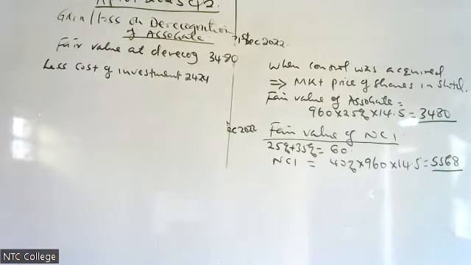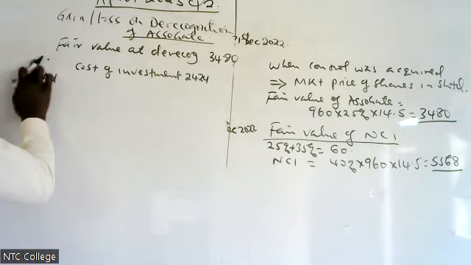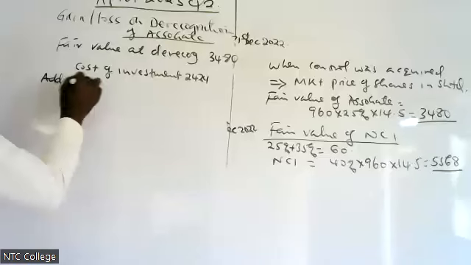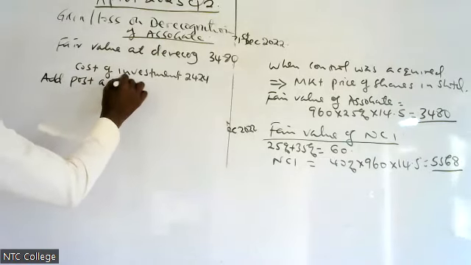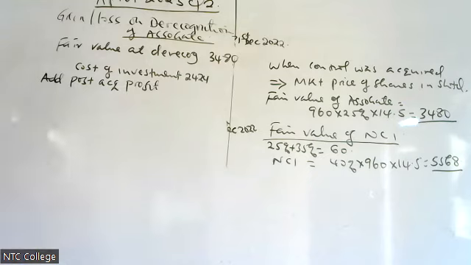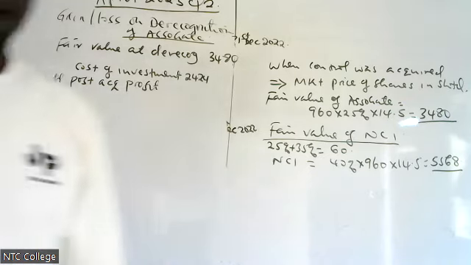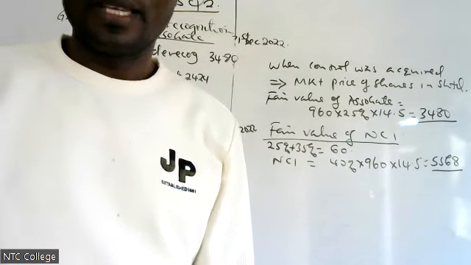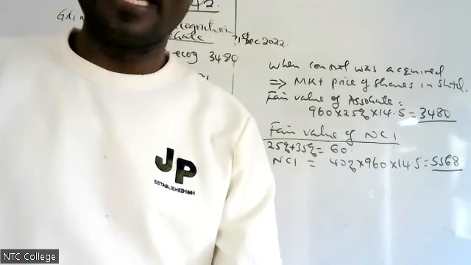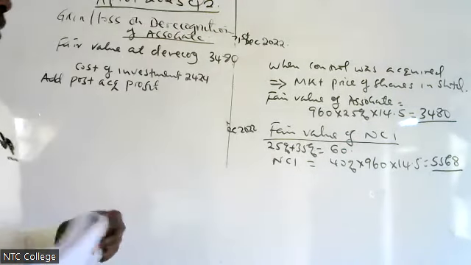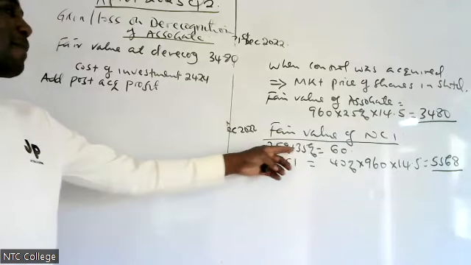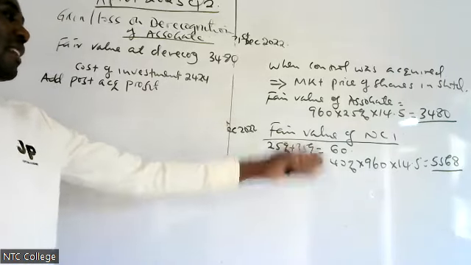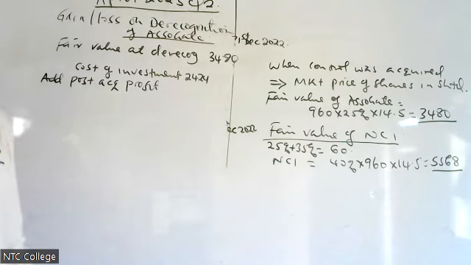Then I add post-acquisition profit in that associate. The parent is 60%, therefore NCI is 40%. Yes, definitely that is the correct one. If the parent was 25 plus 35, it comes to 60. NCI definitely is 40 because we need to have 100% in any company.